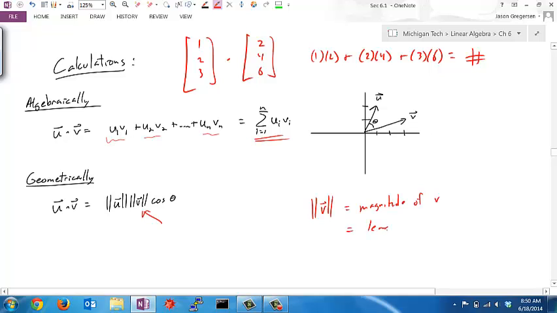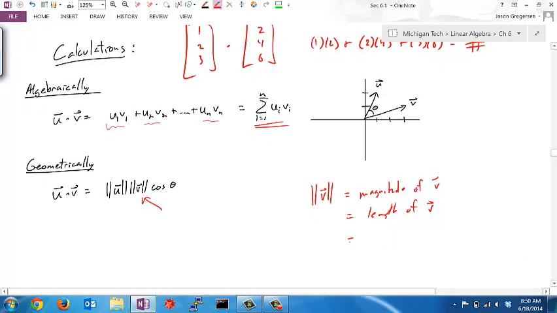It's the length of the vector v. And if we're in one of the R spaces, R2, R3, R4, we calculate that as the square root of the sum of each of its components squared. So v1 squared plus v2 squared plus v3 squared plus dot dot dot plus vn squared. Right? And you've probably seen that before.